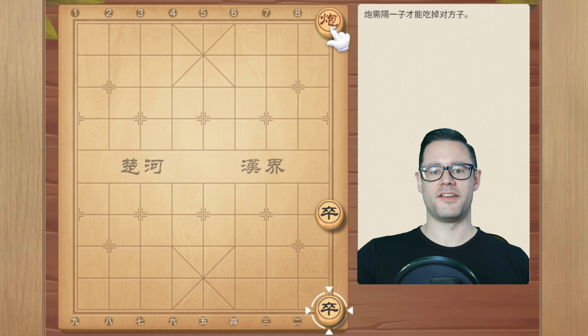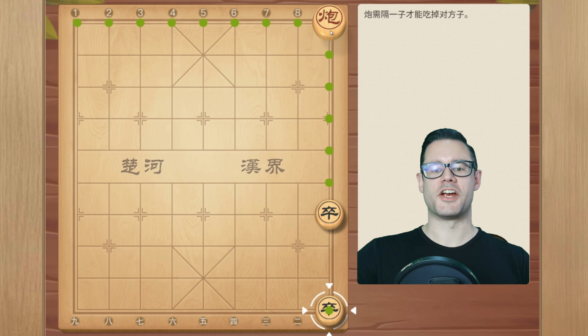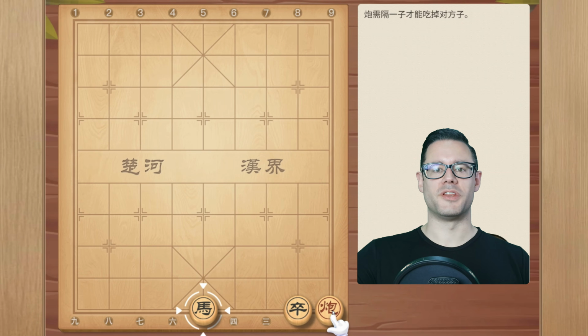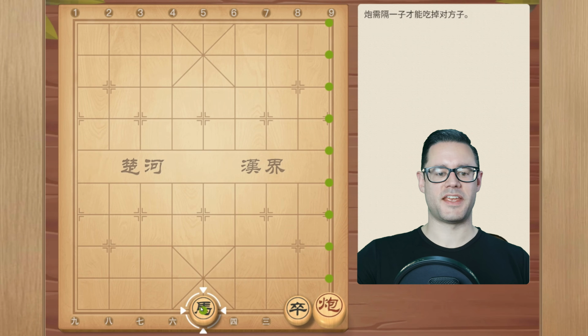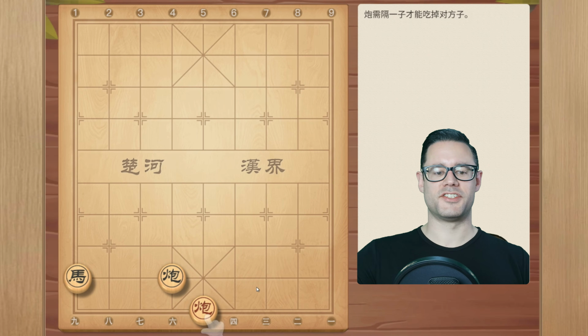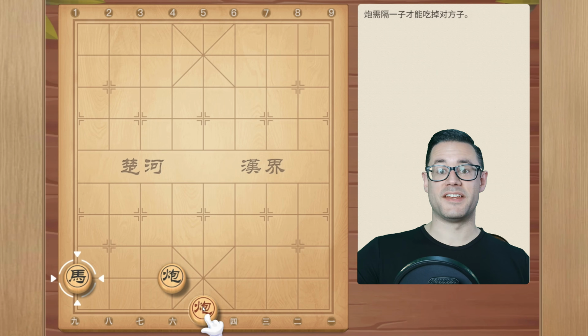So we've moved our cannon all the way to the opponent's side of the board, and we're going to shoot backwards towards our army, but targeting one of their pieces that's made it all the way to our back rank. So there's no limit to what types of pieces the cannon can capture, as long as it jumps over exactly one piece. And sometimes you might need to make that happen.